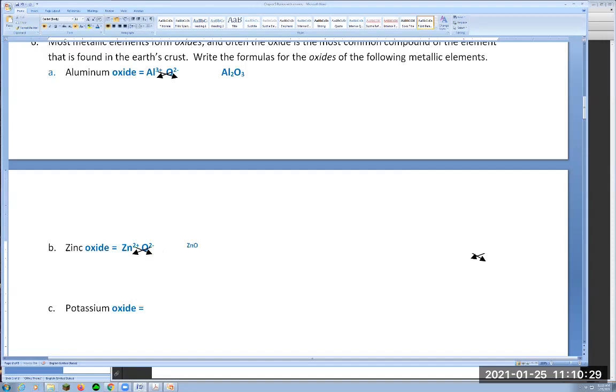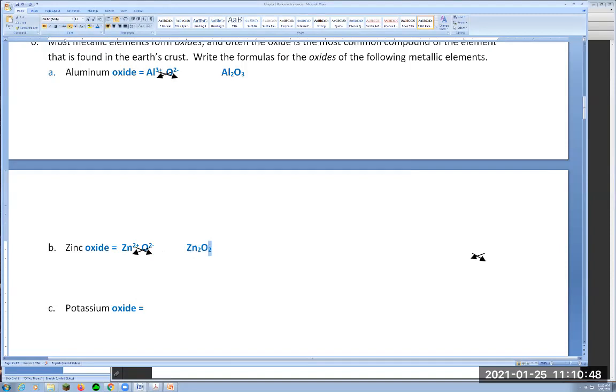If I use the crisscross trick, it would be Zn2O2, right?